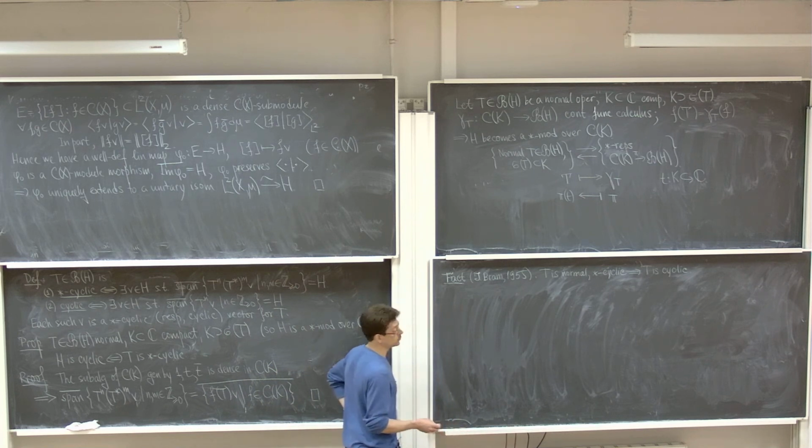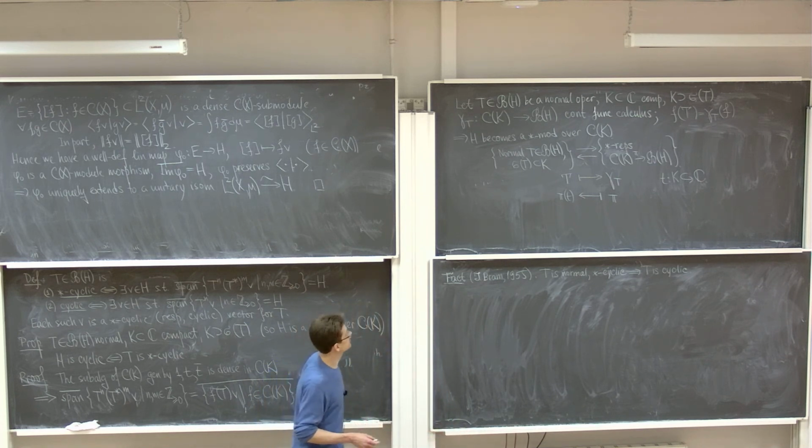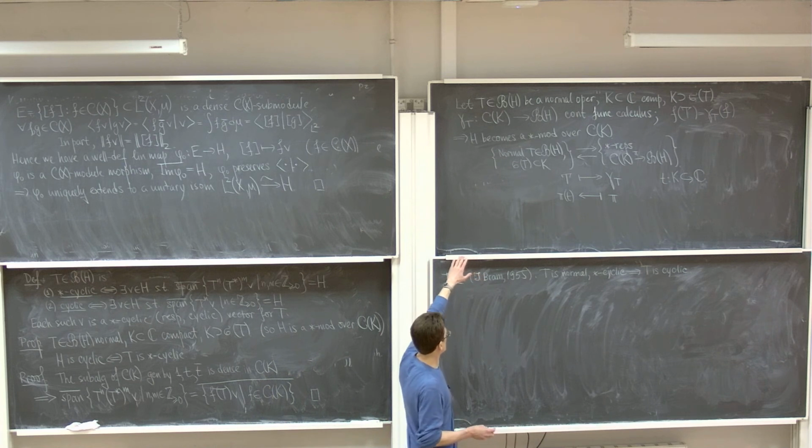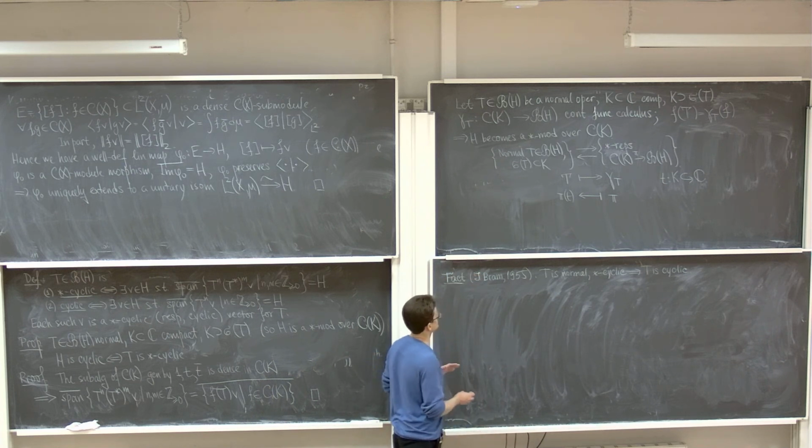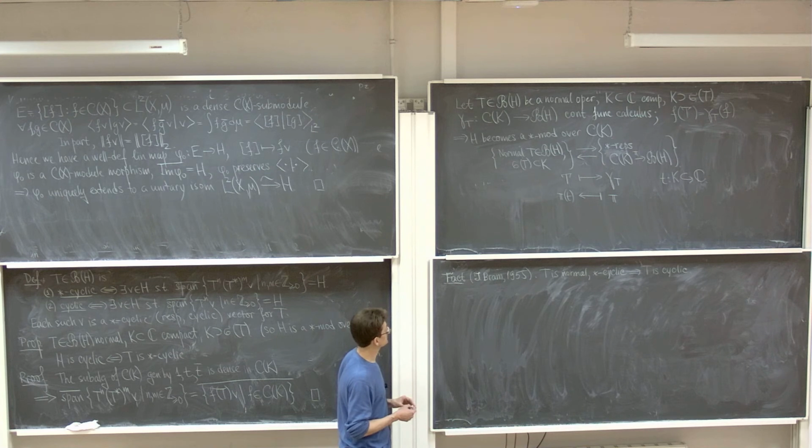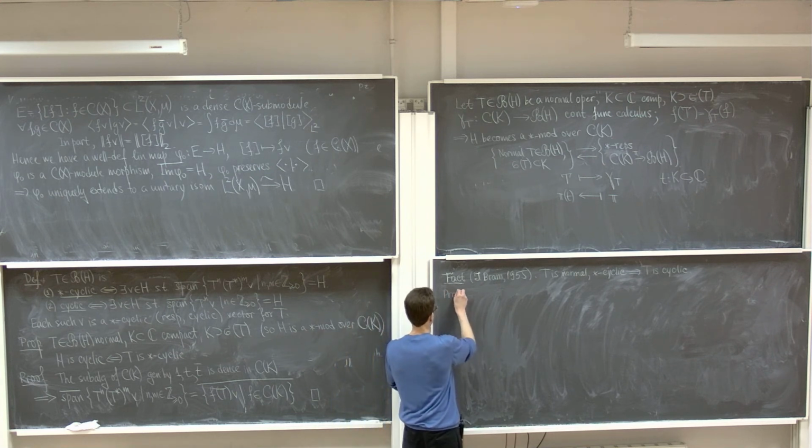Let's now look again at this correspondence, and suppose that we have two star modules which are unitarily isomorphic. So we have the following very simple proposition.